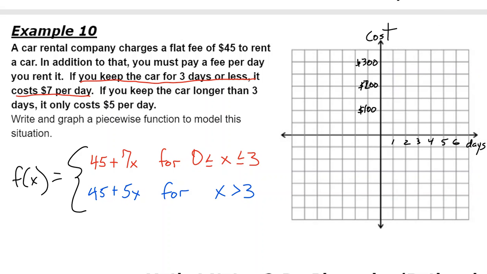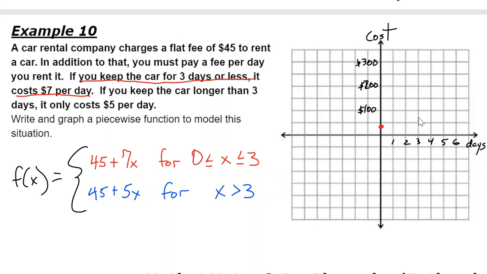Something like that. All right, so when we graph the red, like I said, we pulled the ticket out of the machine and decided not to park there, they're still going to charge us $45, which looks like it ought to be right about there. Now, at the end of 3 days, 3 days would be 3 times 7 is 21, plus 45 is 66.